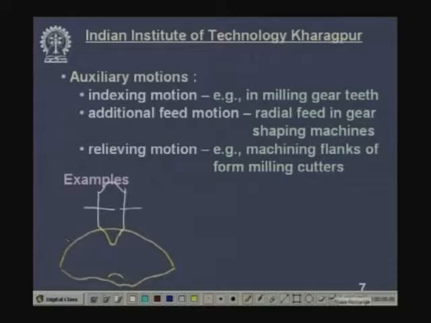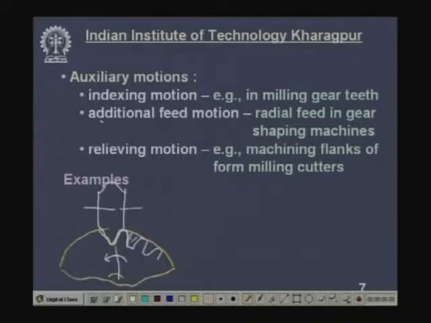So, you produce one tooth gap. After producing one tooth gap, this will be shifted and this blank will be rotated by another tooth gap, and then this will produce another tooth gap, removing material from here, leaving gear teeth in between. This way this will produce a number of teeth by one indexing. This is called indexing motion.